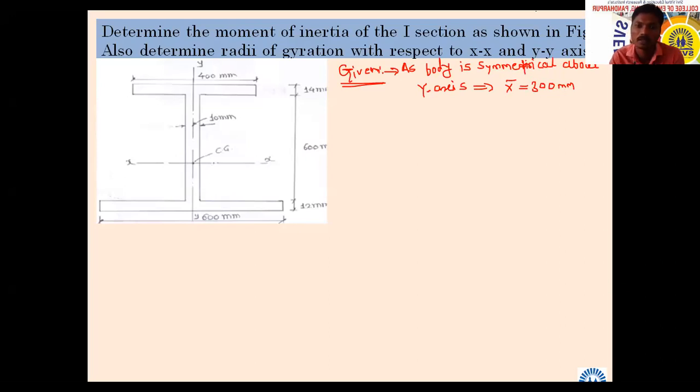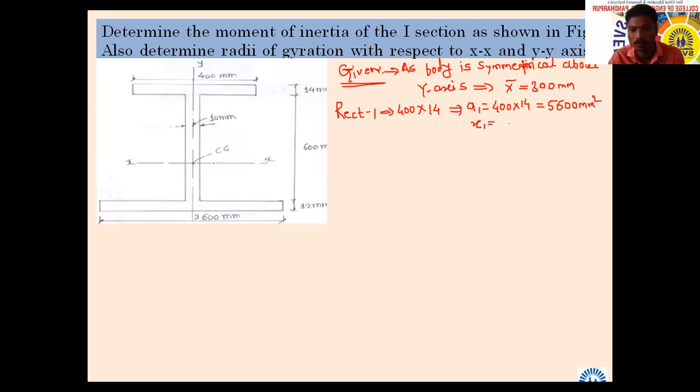If not, let us divide this diagram quickly. Rectangle 1, suppose we take 400 into 14. We will find three things for rectangle 1. A1 equals 400 into 14, which is 5600 mm raised to 2.